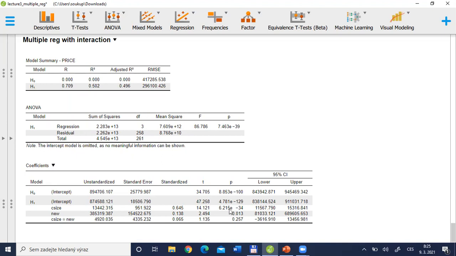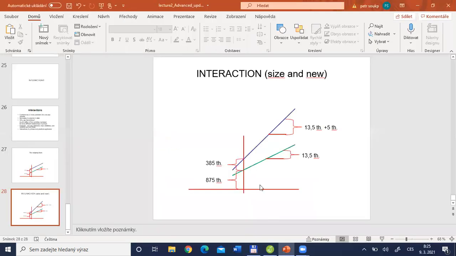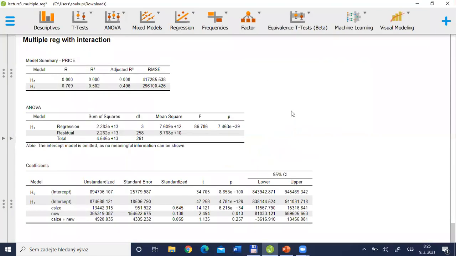So if you like, please try to read these figures of t's, p's, or confidence intervals and try to discuss the possibility to generalize this difference of slopes for old flats and new flats to the whole population. Can we generalize our results or not?